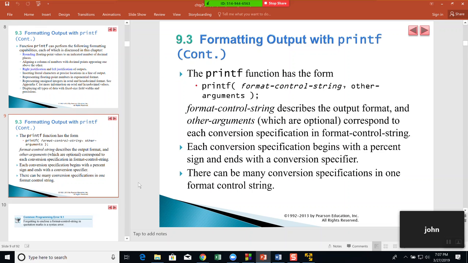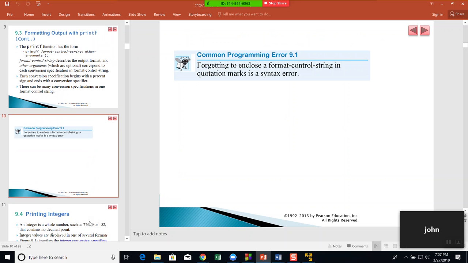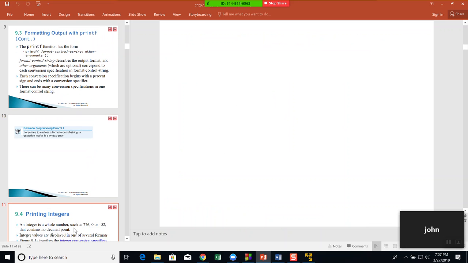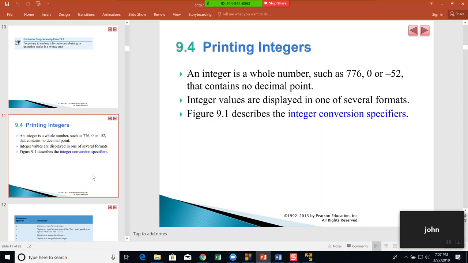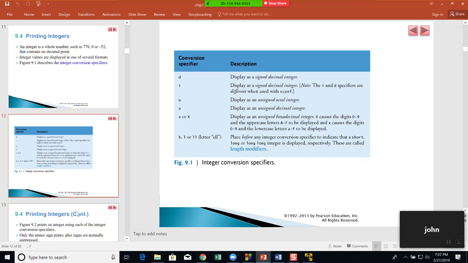They keep talking about what they're going to do, but okay. Here we are down here with our conversion specifier. So, printing integers.